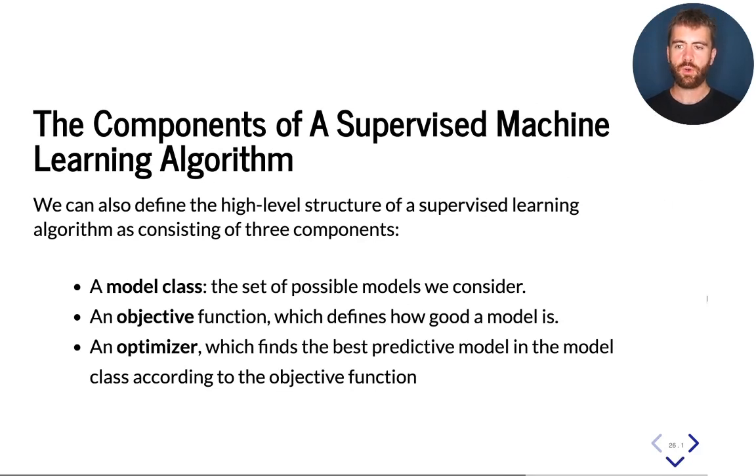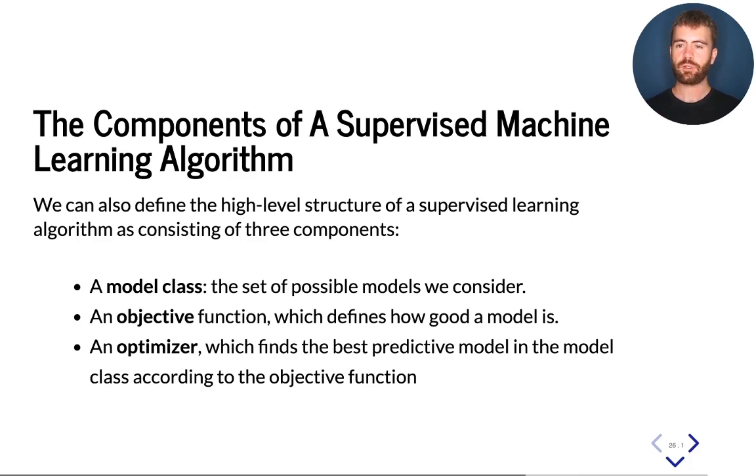Similarly to how data sets and supervised learning itself have different components, we can also think of a set of three components as comprising a supervised machine learning algorithm. Those three components are, first of all, a model class, then there's an objective and an optimizer.